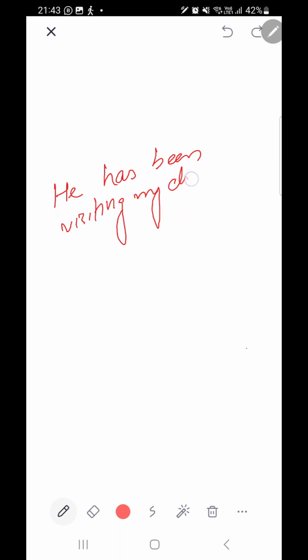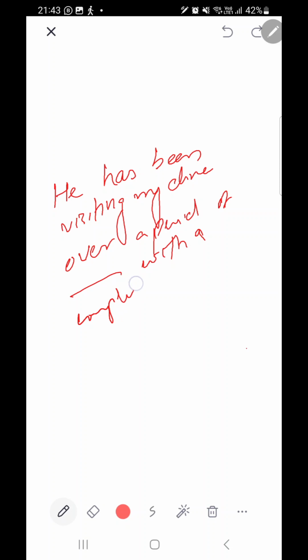That I discussed with you. I can also write: He has been visiting my clinic over a period of some time with a complaint of chest pain, without mentioning the intensity.